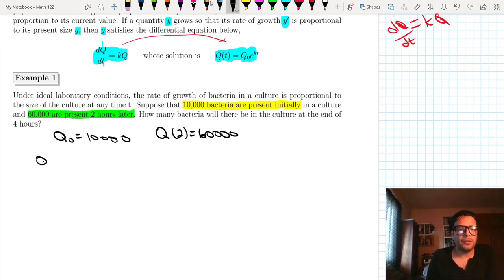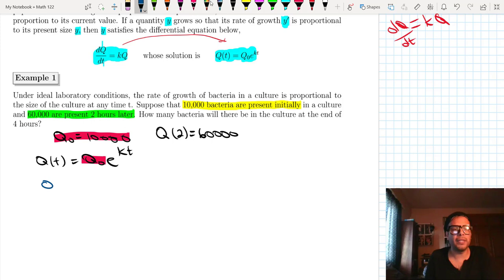Now let's write down the formula and plug in all we know. Q at any time t equals Q initial e to the kt. In this case, we know the initial amount of bacteria, which is 10,000, so Q of t equals 10,000 e to the kt.